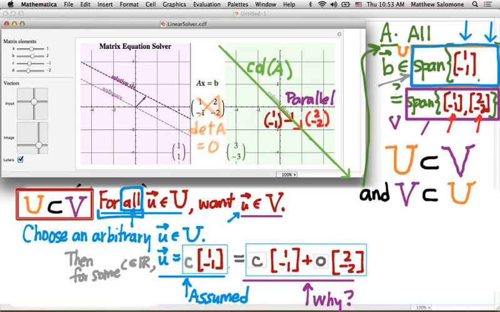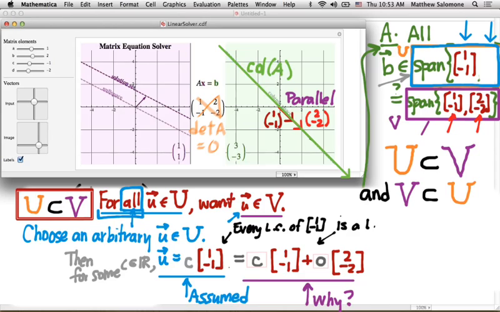So it's an element of V. But what we've just proven here is that, I'll write this in English here, every linear combination of (1, -1) is also a linear combination of both the vectors (1, -1) and (2, -2).